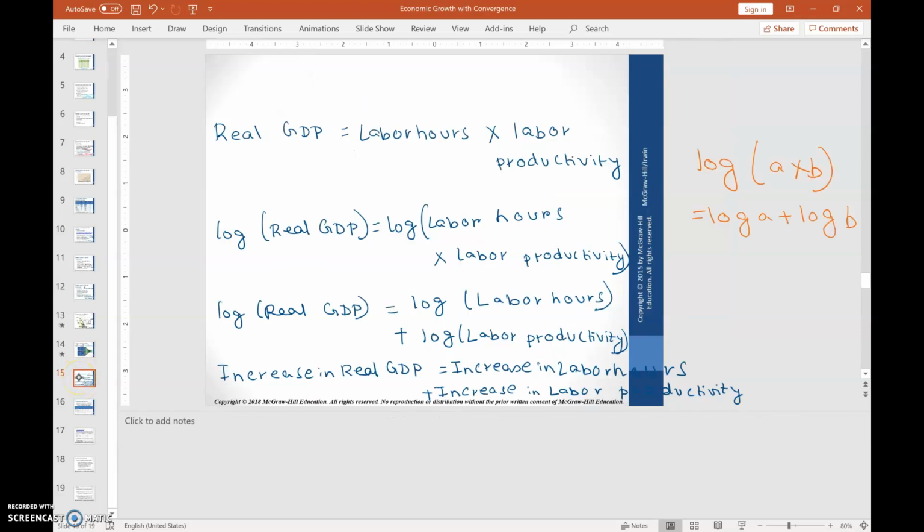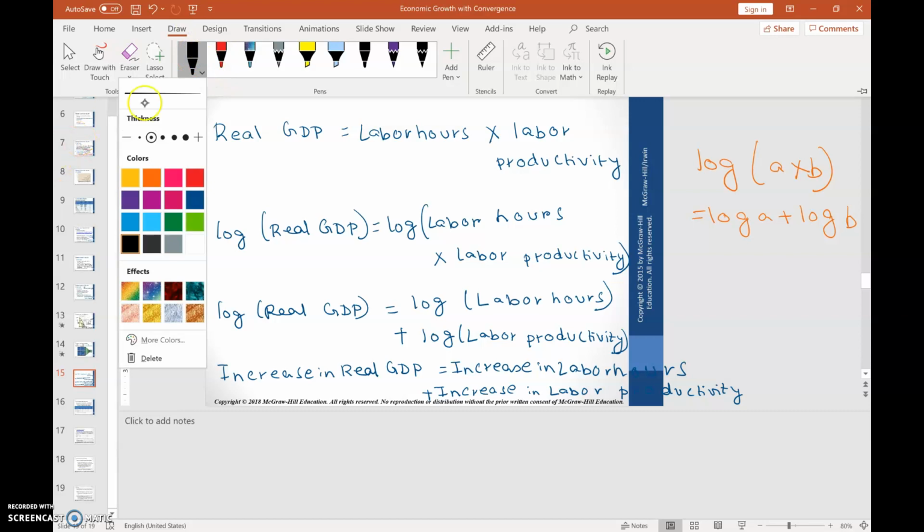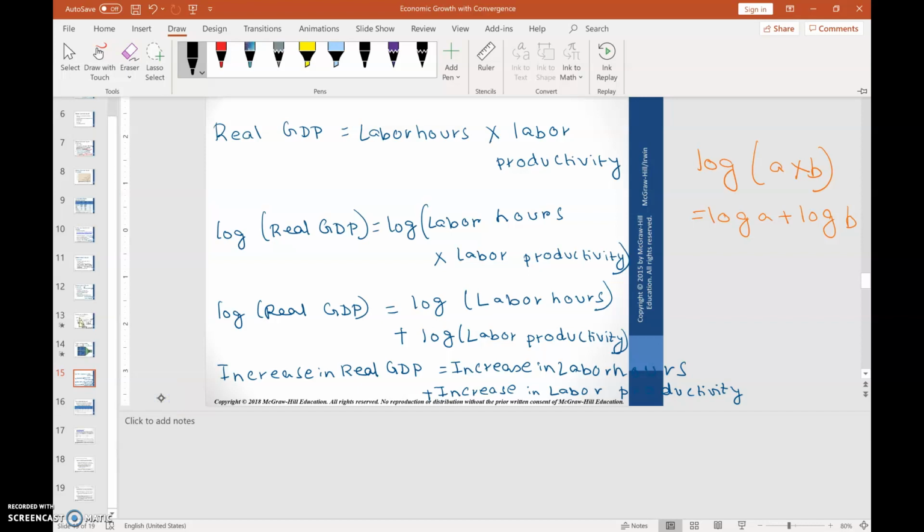Now, I just wrote down the definition here. Real GDP is equal to labor hours times labor productivity. Then I did something which I did not really do before, which is I took log on both sides. Log of real GDP is equal to log of labor hours times labor productivity.